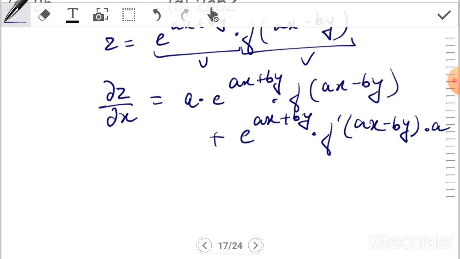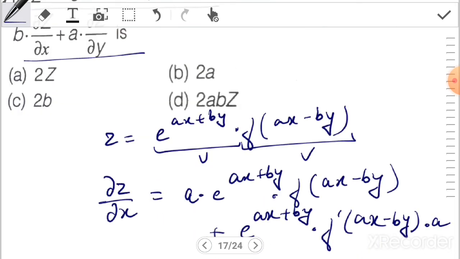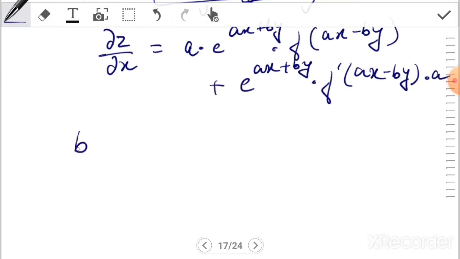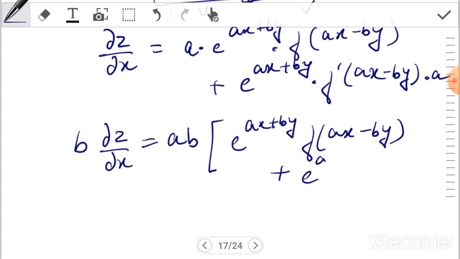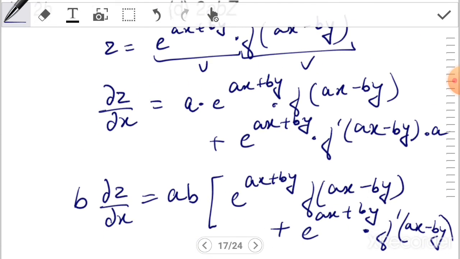Similarly, you have to find b del z by del x. So multiply b del z by del x, you will get ab constant times e to the power (ax plus by) f(ax minus by) plus e to the power (ax plus by) f dash (ax minus by).